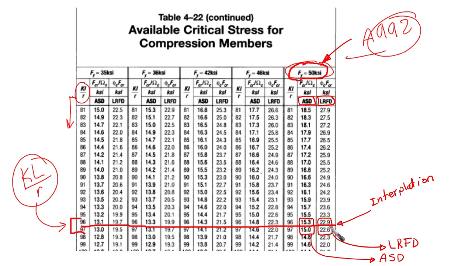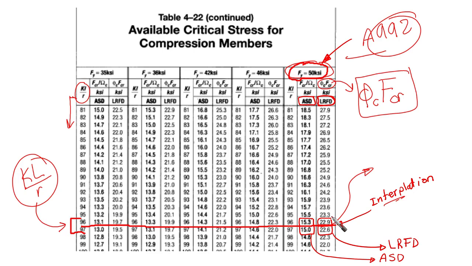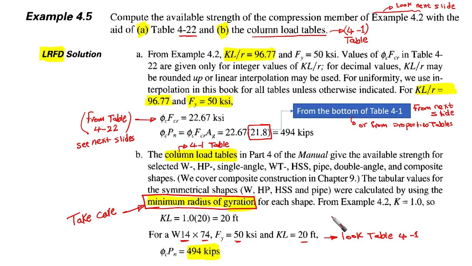Then going here, we are in between two lines, because the right column is giving us phi C times FCR. This is for LRFD, the design strengths. By interpolation, we can find that our value is between the two values here, which is going to be taken as 22.67.